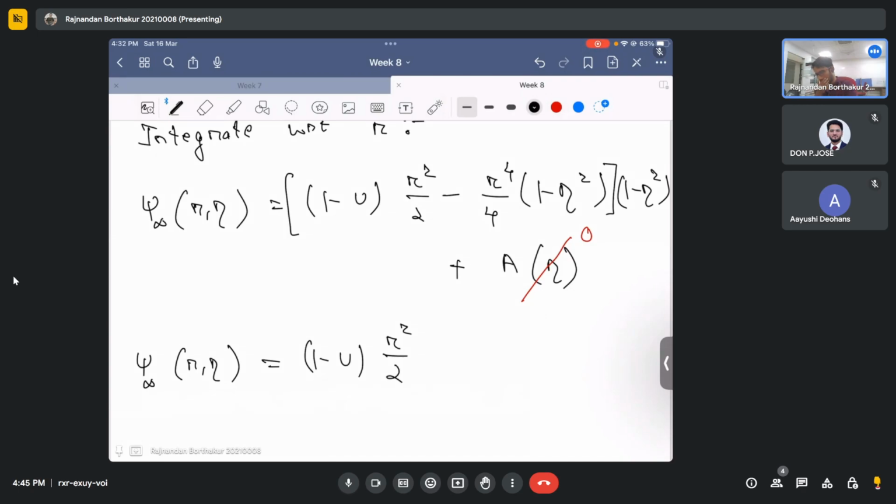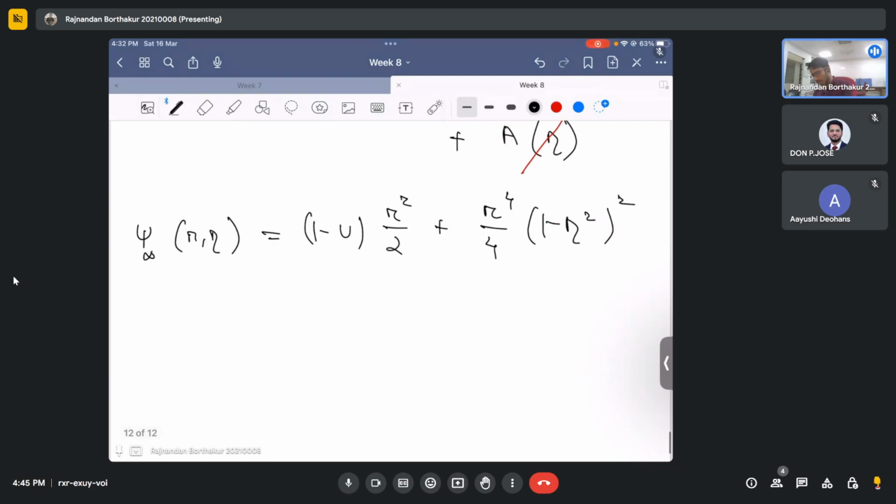Let's just write it something like this. So it becomes 1 minus u into r squared by 2 plus r power 4 by 4, into 1 minus eta squared, whole squared.